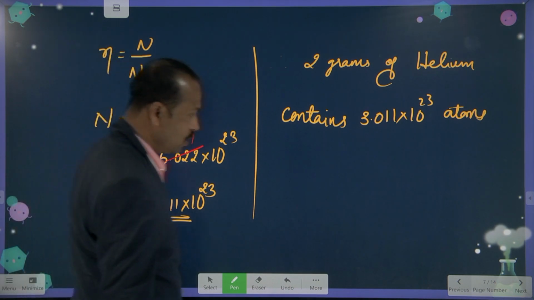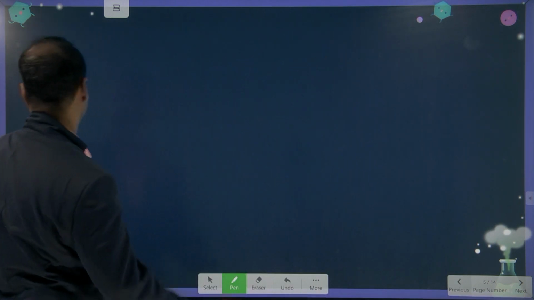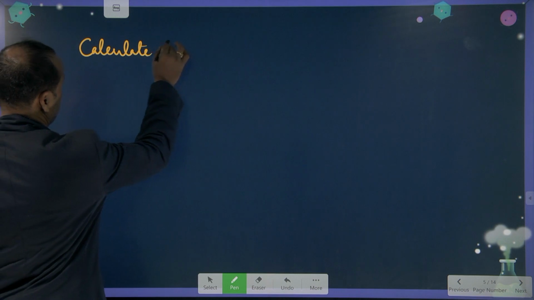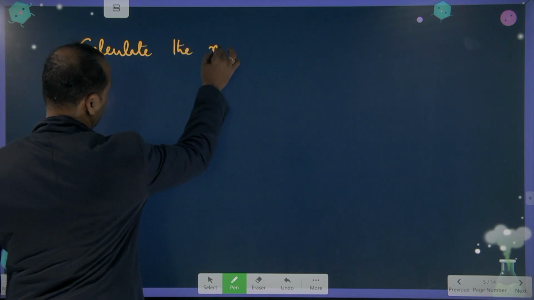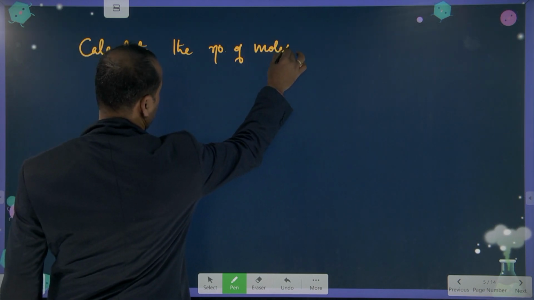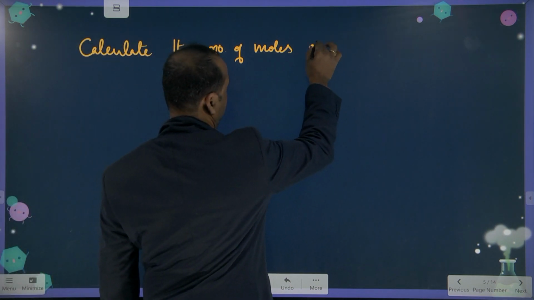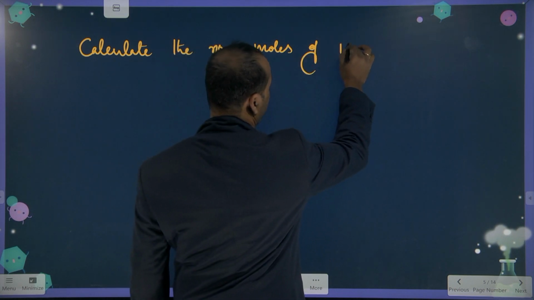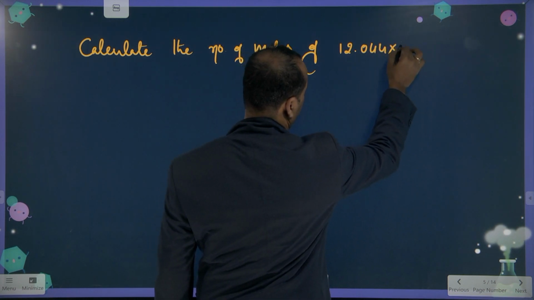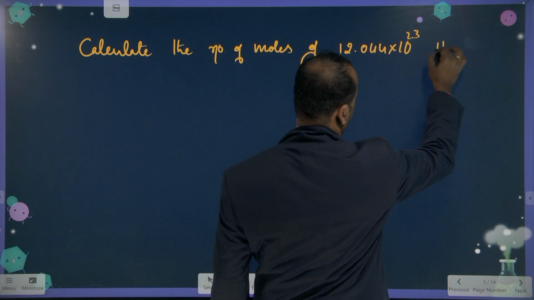Right. Now, okay, now we'll give one more problem to you. Calculate the number of moles of 12.044 into 10 to the power of 23 hydrogen atoms.